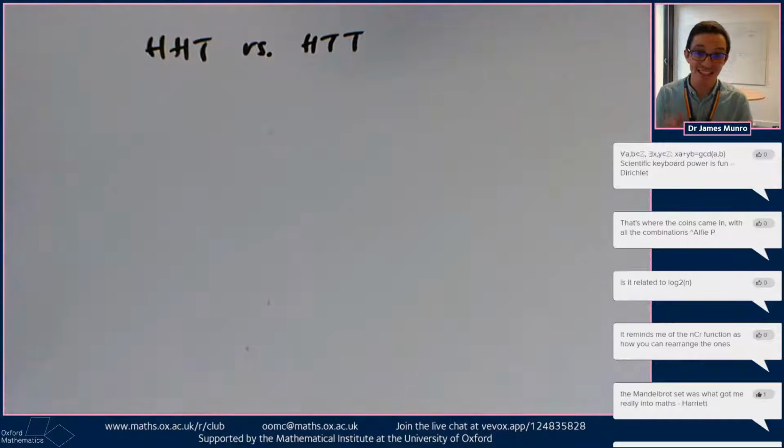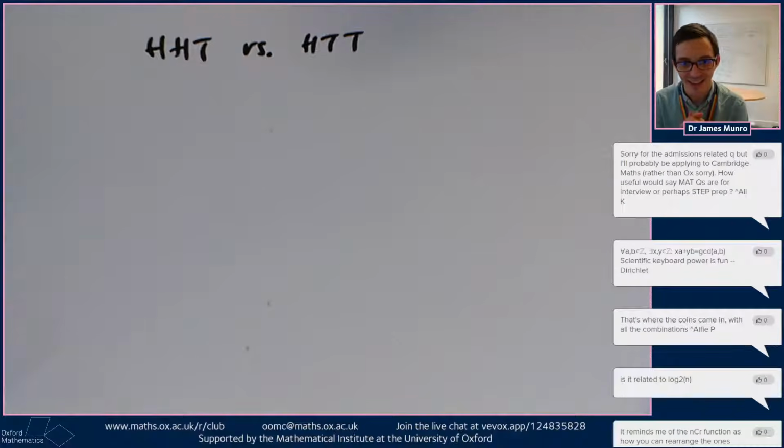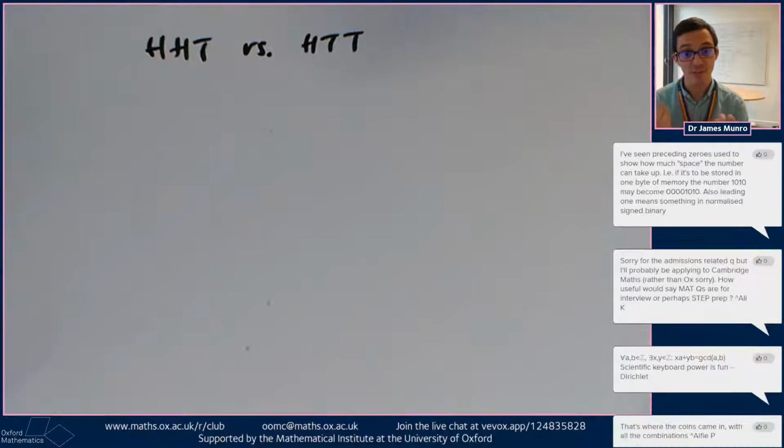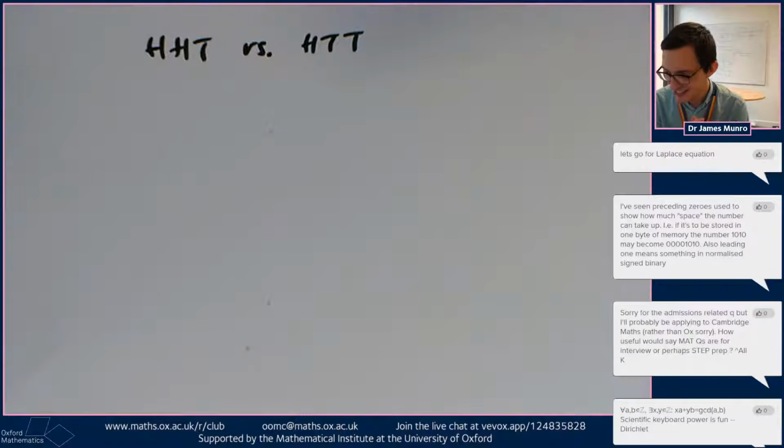We played this game last week where people in chat voted for a sequence of 3 coin results, and then I picked a sequence of 3 coin results to see whether the one they picked or the one I picked came up first. Because I chose second, I could always choose something to beat their choice. So whatever chat picked, I could pick something else that came up earlier.